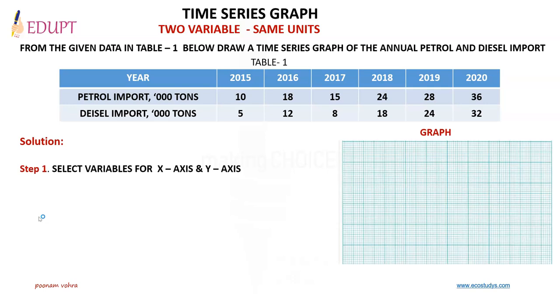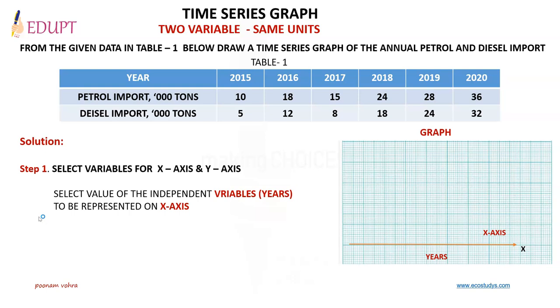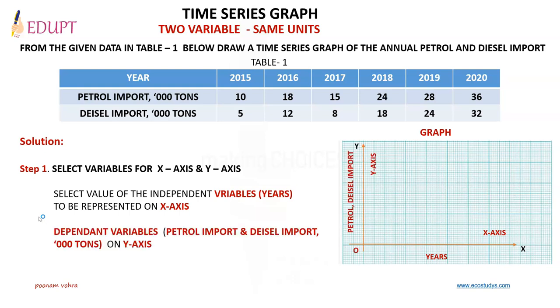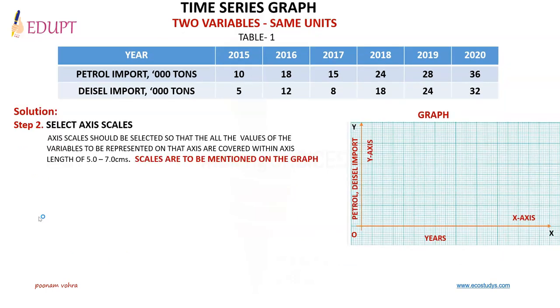So the first step is to select the variables for x and y axis. As is known, x axis is the independent variable where years will be shown, and y axis represents the dependent variables where the import of petrol as well as diesel in 1000 tons will be shown. Next you need to select the axis scale.